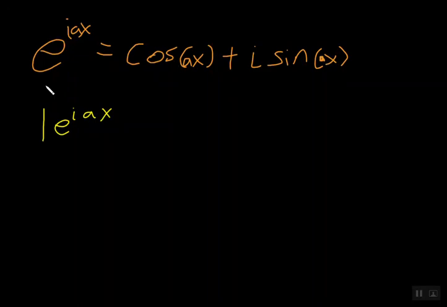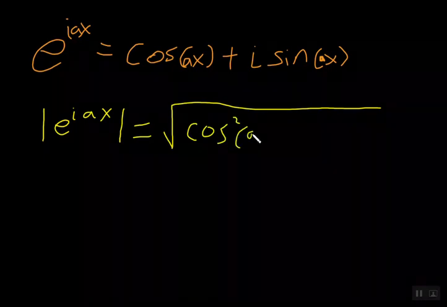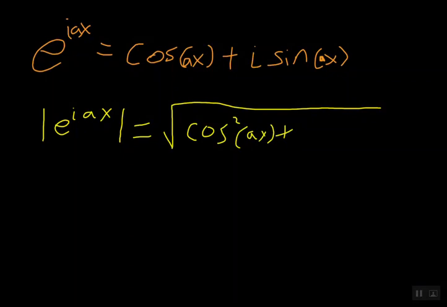All right. So I want the absolute value of e to the iax. Well, that's just the square root of cosine of ax squared, so cosine squared of ax, plus the imaginary part is sine of ax, so plus sine squared of ax.